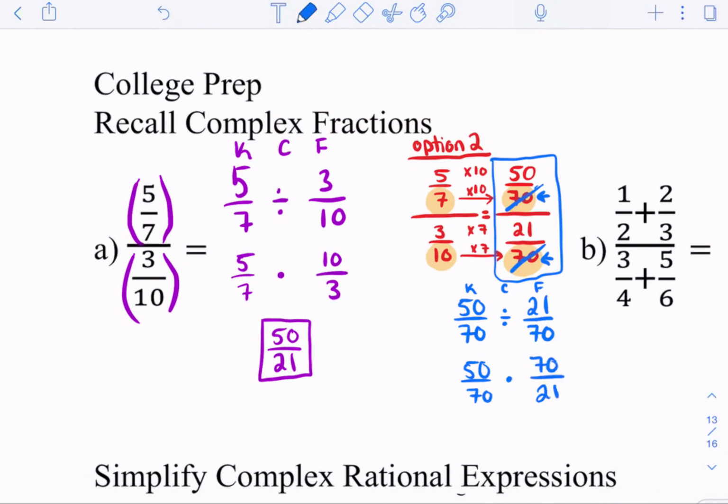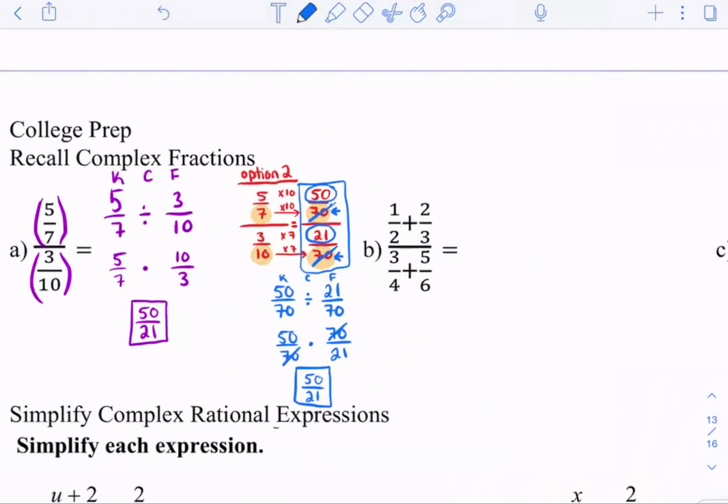And we know that we can reduce where these two will reduce because they are the same. And I'm just left with 50 over 21, which is what we had left here. 50 over 21. So that's going to help us with this second example here.